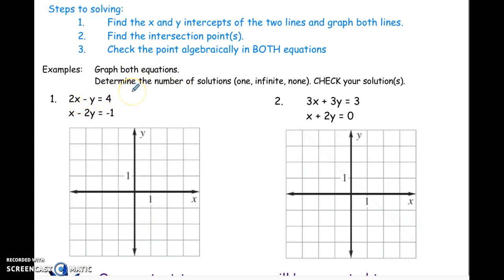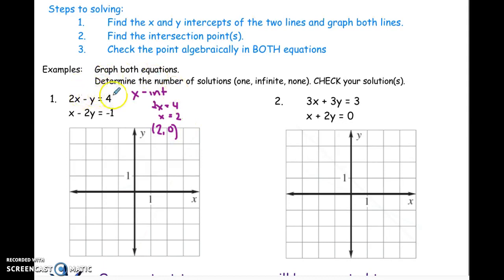To find the x-intercept, I let y equal 0. So 2x equals 4, so x equals 2. My x-intercept is (2, 0).